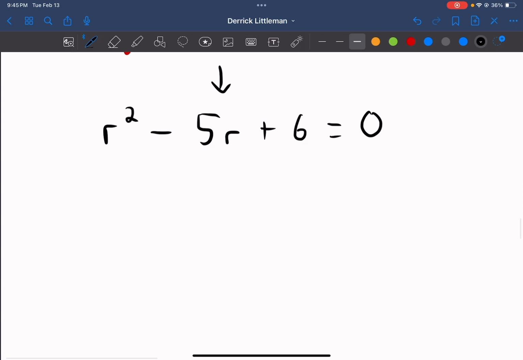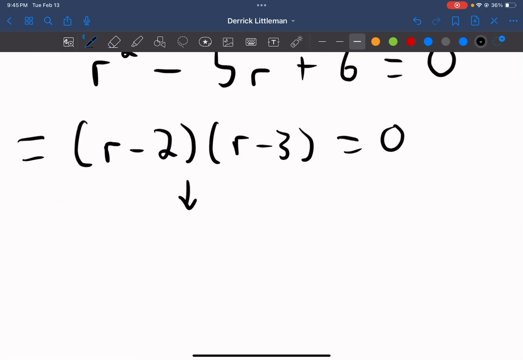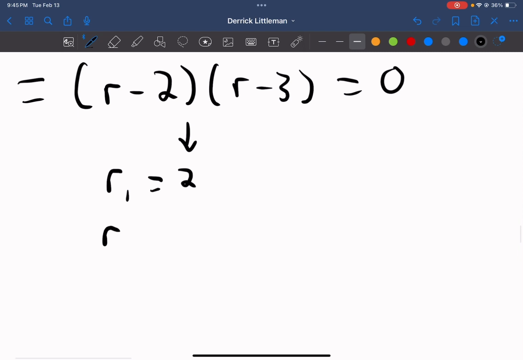Now let us factor it. We get r minus 2 times r minus 3 equals 0. Here we have two real roots: r1 is equal to 2, r2 is equal to 3.